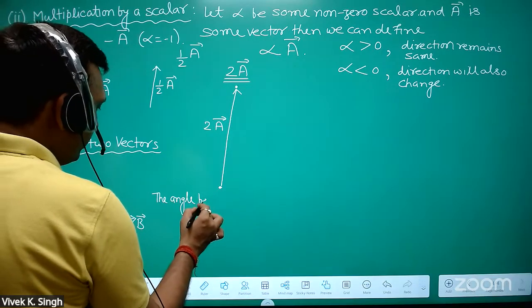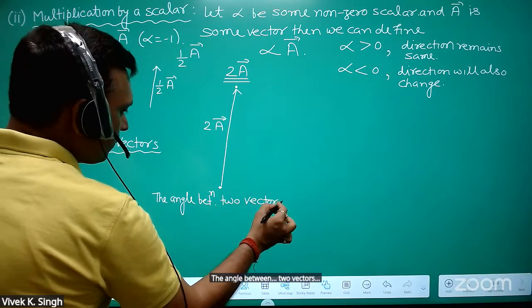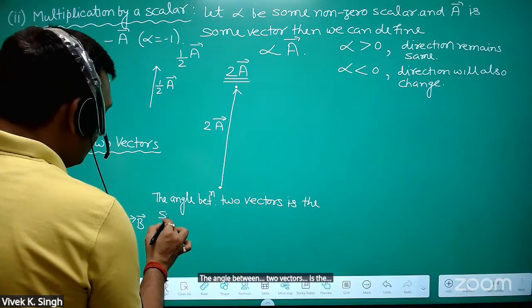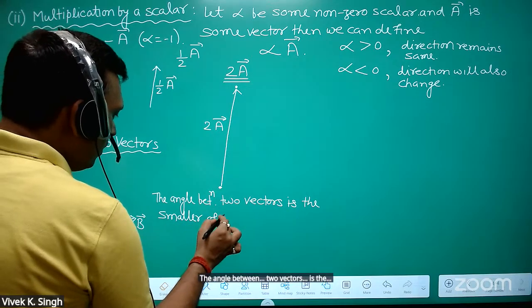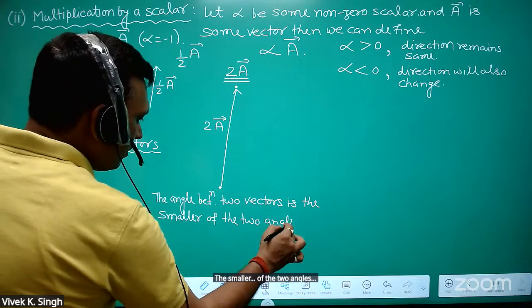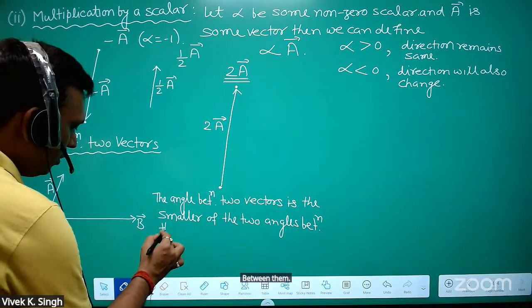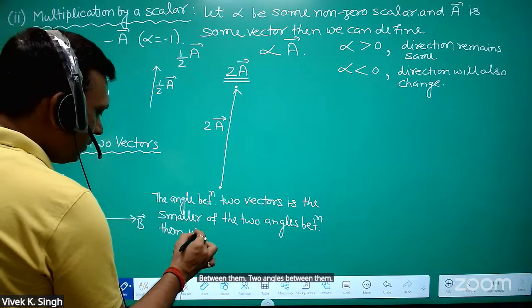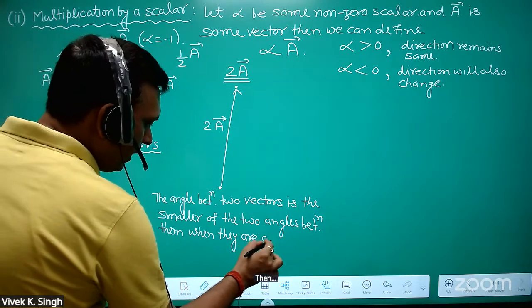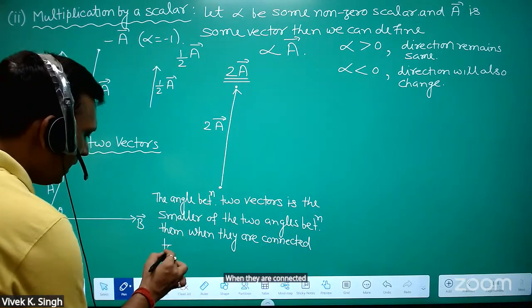The angle between two vectors is the smaller of the two angles between them, when they are connected tail to tail.